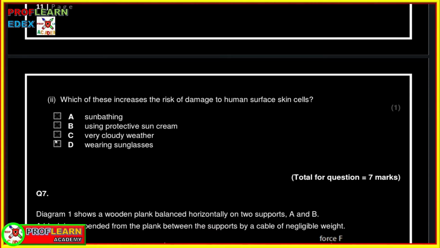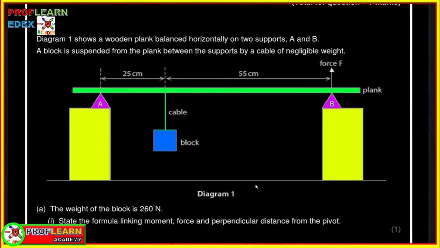We can say this is sunbathing. So having understood different aspects of the electromagnetic spectrum, you need to know the common properties of the waves in the electromagnetic spectrum, the wave equation and how to use it, and also the uses and dangers of different waves in the electromagnetic spectrum.